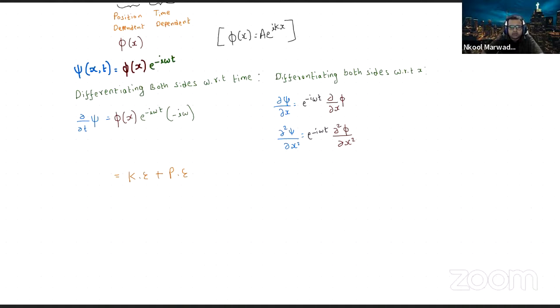Okay. Now I will multiply both sides with the wave function psi.